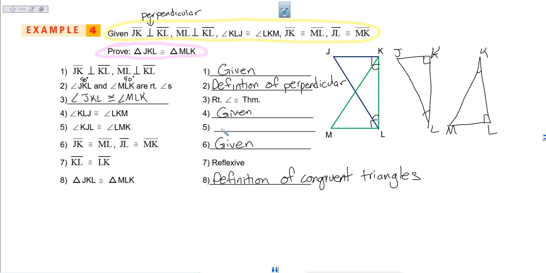We used it in the last example. Yep, third angles theorem. And then we're finished with that proof.